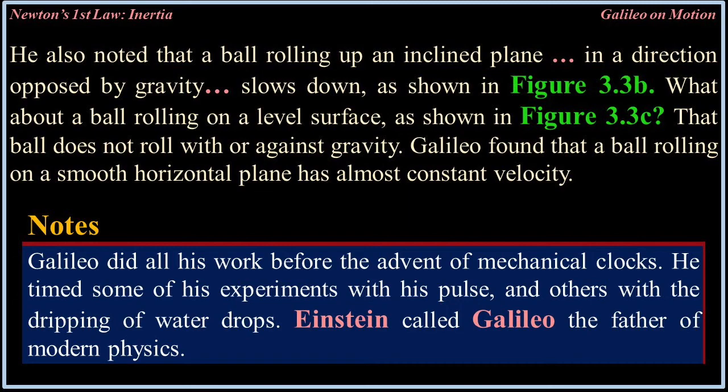What about a ball rolling on a level surface, as shown in figure 3.3c? That ball does not roll with or against gravity. Galileo found that a ball rolling on a smooth horizontal plane has almost constant velocity.